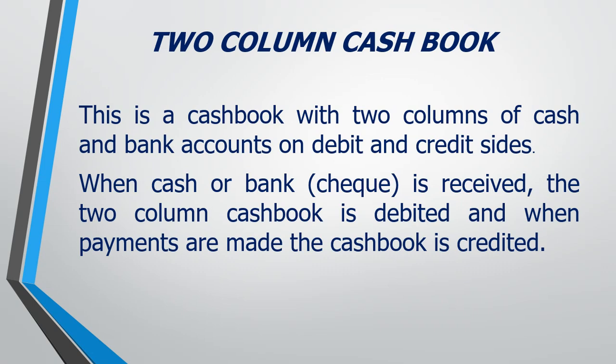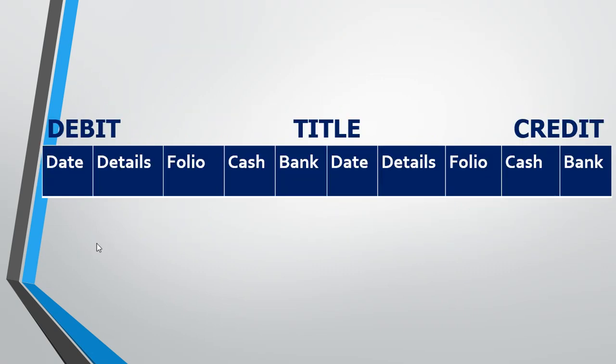Then if an entity pays by check, the bank column of the cash book is credited. So that is a two column cash book. It has both cash column and bank column, like this demonstration here.